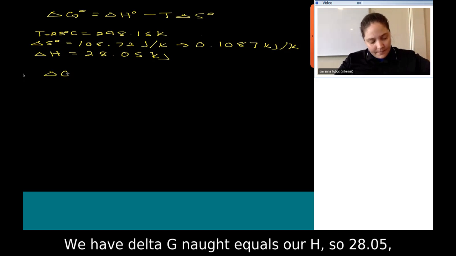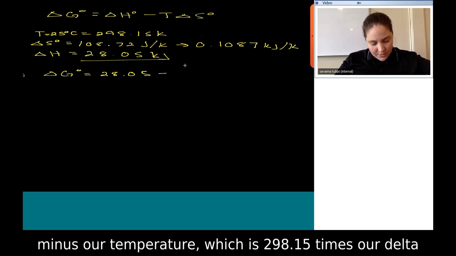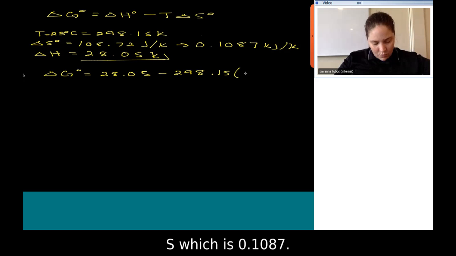We have delta G naught equals our H, so 28.05 minus our temperature, which is 298.15, times our delta S, which is 0.1087.